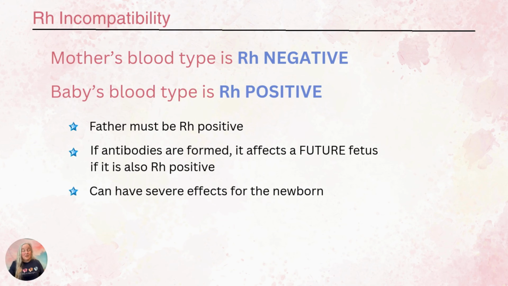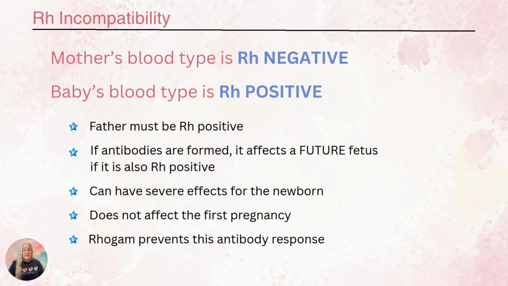This can have a severe effect on the baby, including things like erythroblastosis fetalis, severe anemia, and even death, because these antibodies will break down the baby's red blood cells at a very high rate. This is not going to affect the first pregnancy because we don't have antibodies that have formed yet. And RhoGAM will be given to prevent this antibody response.